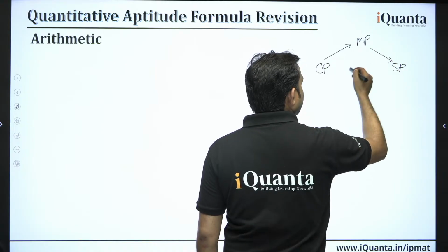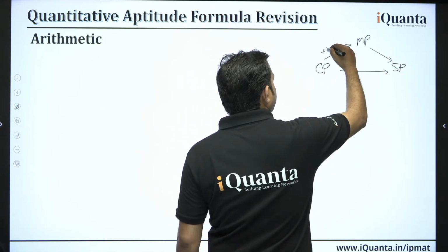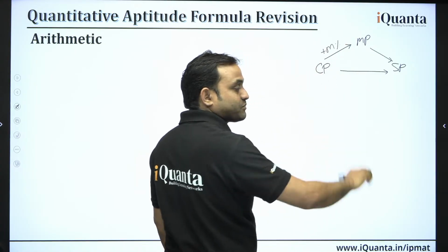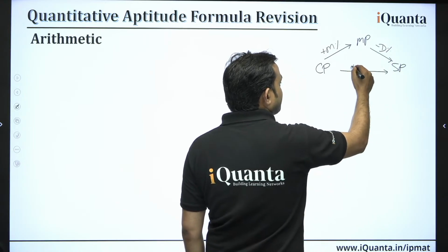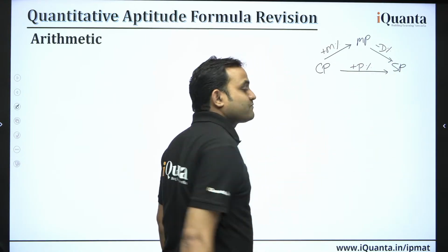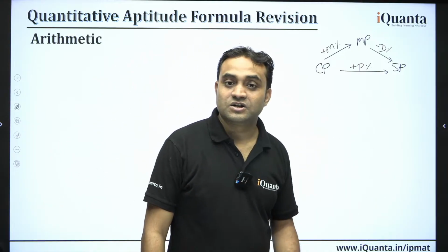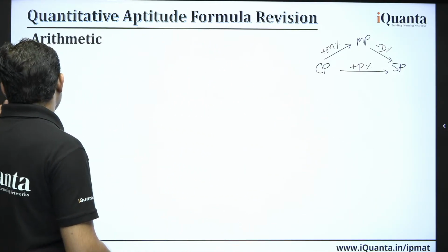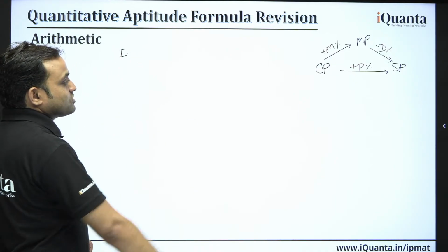the relation between these three. So, from cost price, if markup percentage is applied, mark price is achieved. From mark price, discount percentage is applied to achieve selling price, and from again cost price, profit or loss percentage is applied to get selling price. So, what's the relation that we can find between mark price, cost price and selling price?